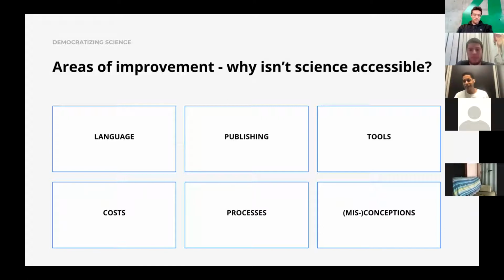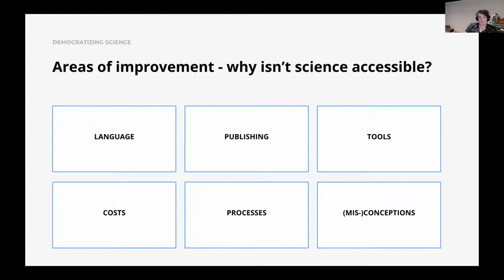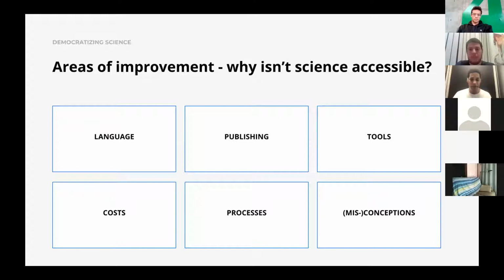That's just one way that science is being non-democratized, right? You're only allowed to see the science if you're in the group or if you have the resources. So I think that improvements to the publishing industry could really open up and accelerate scientific developments.